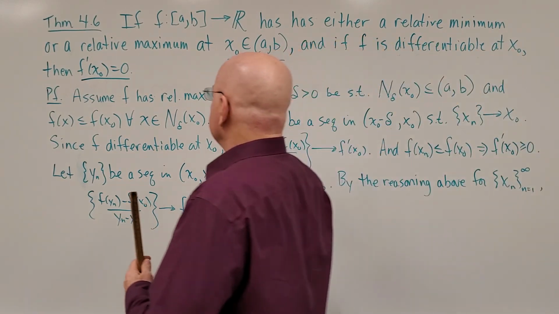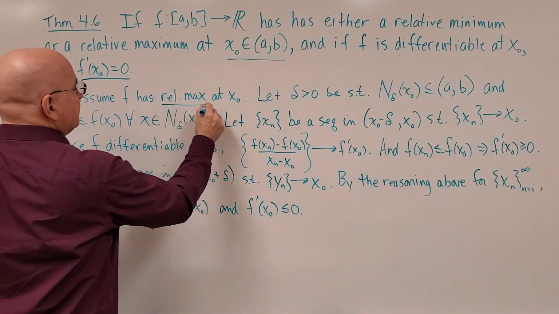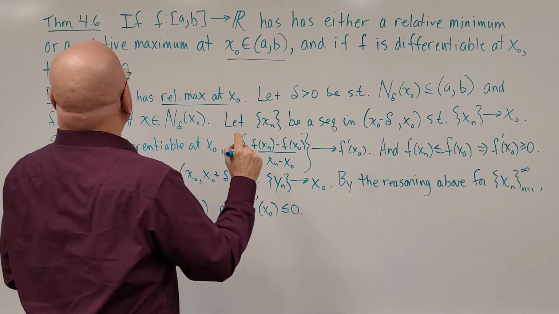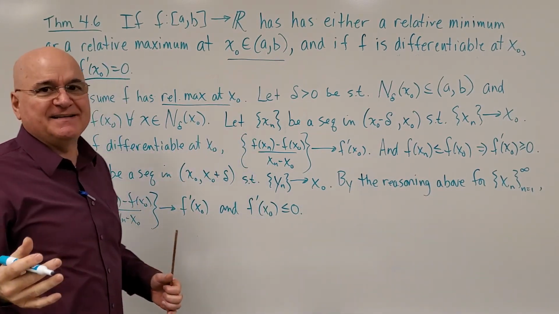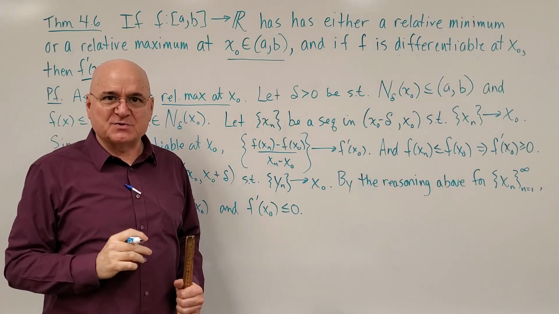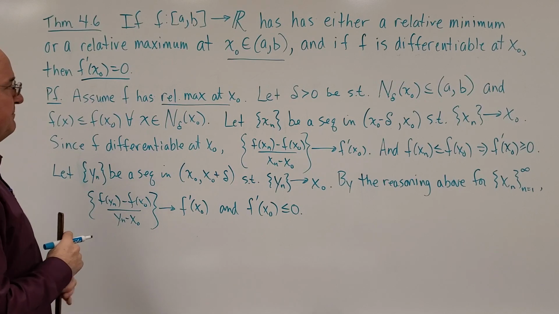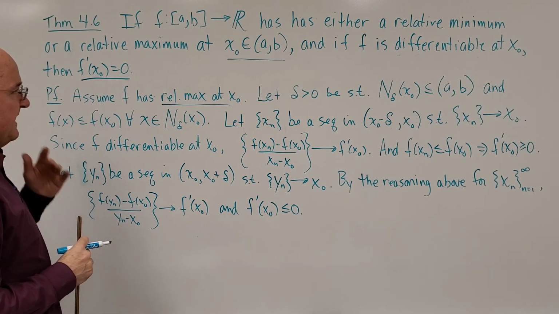Now, we're going to assume that f has a relative maximum. The proof for a relative minimum would be virtually identical. Only a couple of characters would change in the proof. So we'll prove it just for the case where f has a relative maximum at x0.